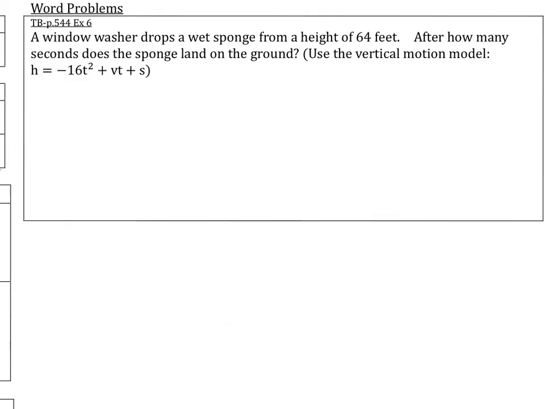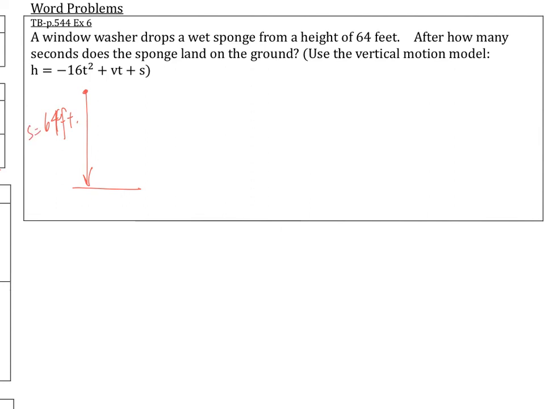A window washer drops a wet sponge from a height of 64 feet. After how many seconds does the sponge land on the ground? Now, this involves a motion where an object is being dropped to the ground. So from this point, 64 feet, this will be the initial height, s.